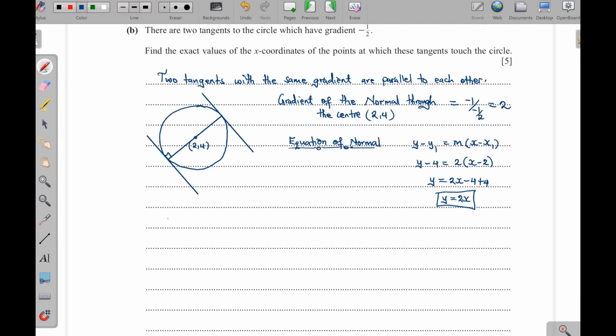Now solving y is equal to 2x and the equation of the circle, which is (x minus 2) squared plus (y minus 4) squared is equal to 25, simultaneously, then we shall have, where there is y, we put the 2x. So (2x minus 4) squared plus (x minus 2) squared is equal to 25.